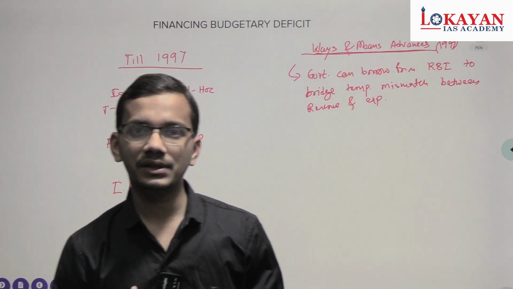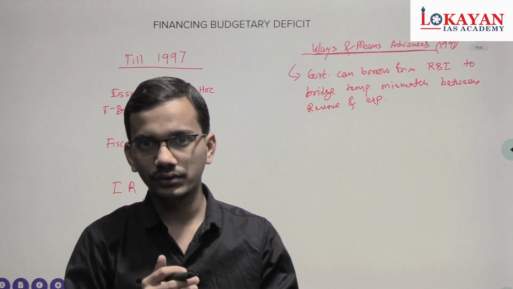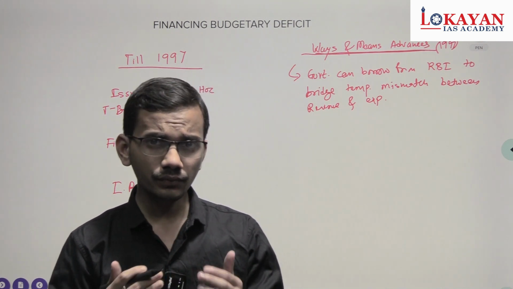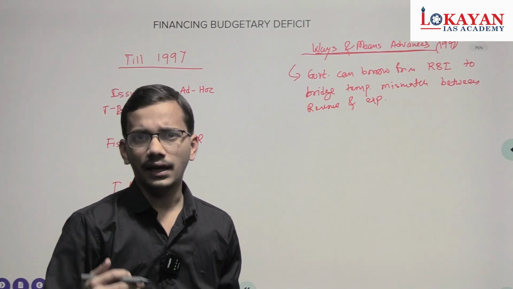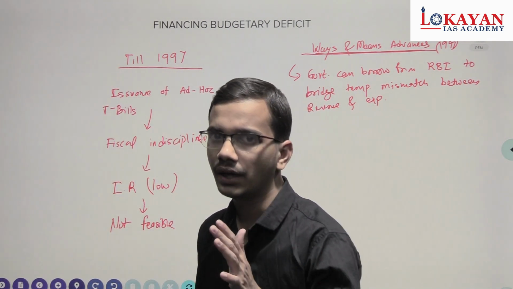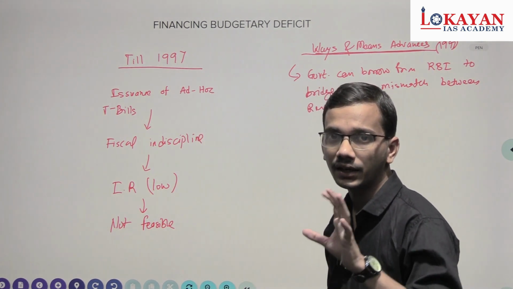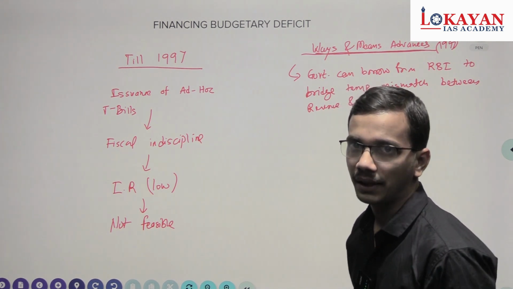See, what is temporary mismatch? Suppose government now has limited money for expenditure, but government knows that after 2 months it is going to get some money. So till then, our government can borrow from RBI under WMA facility to bridge the mismatch.